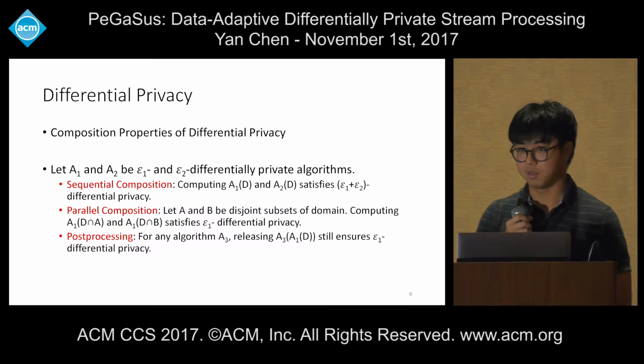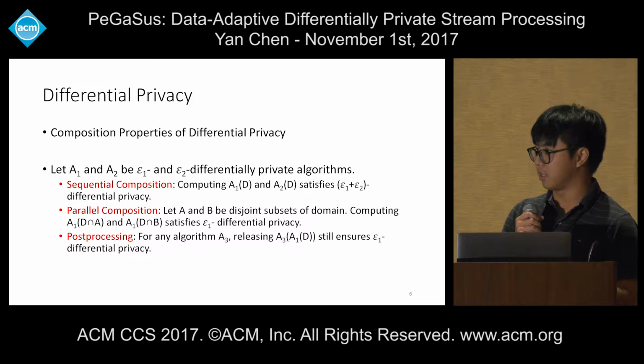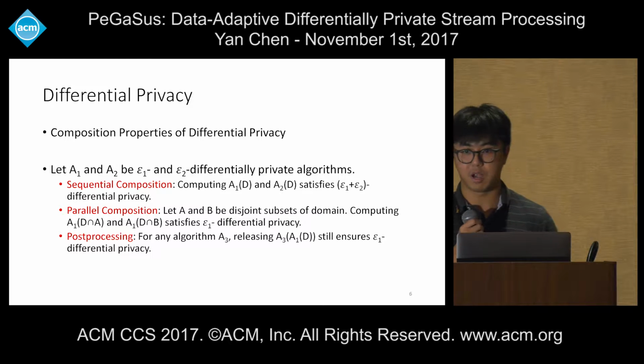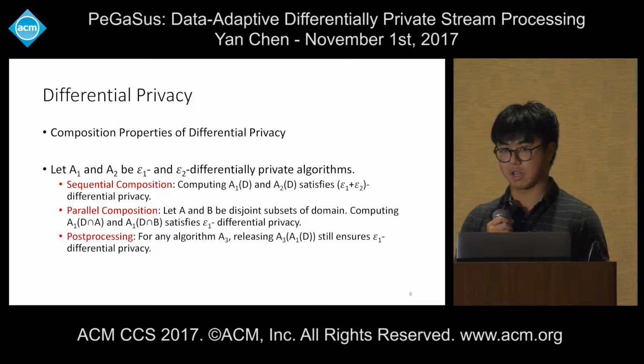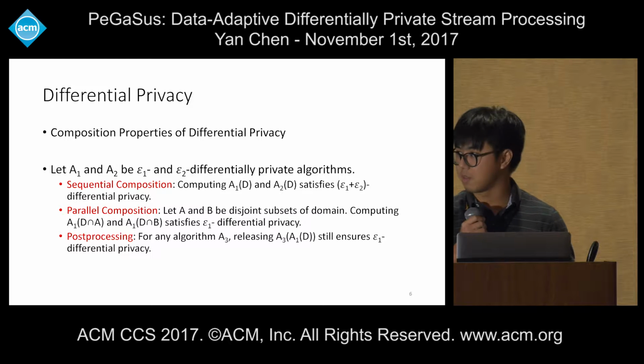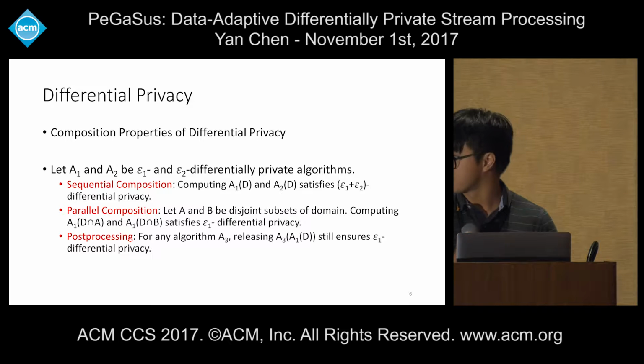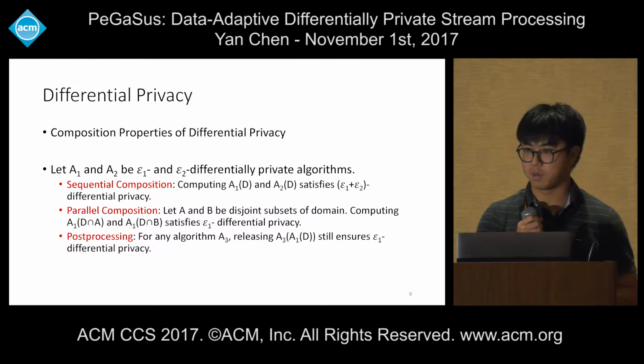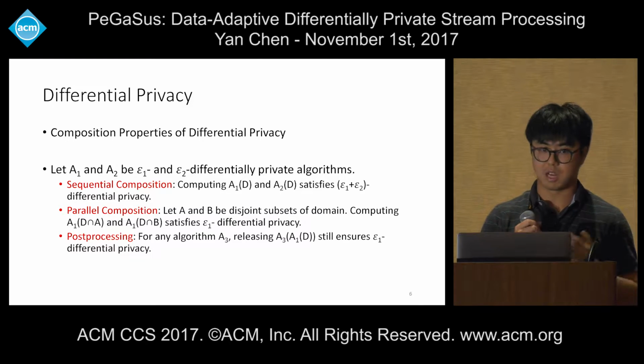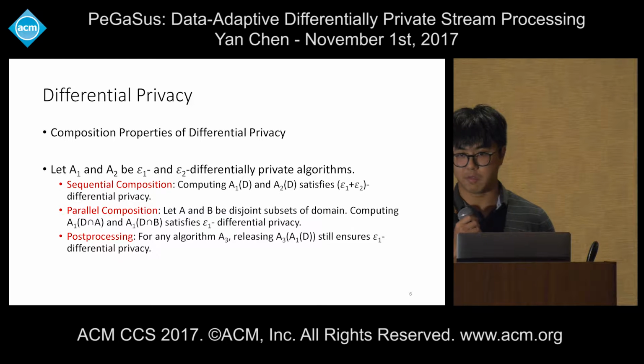And post-processing means that any post-processing of the output of a differentially private algorithm will not incur any loss of privacy, which means post-processing operations are safe in terms of privacy. These three composition properties help researchers design much more complex differentially private algorithms by just composing simple ones.